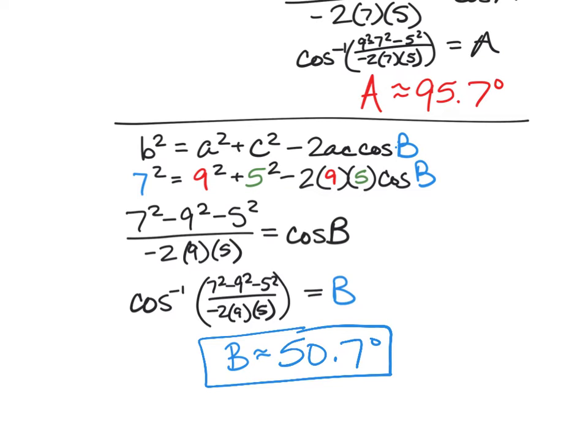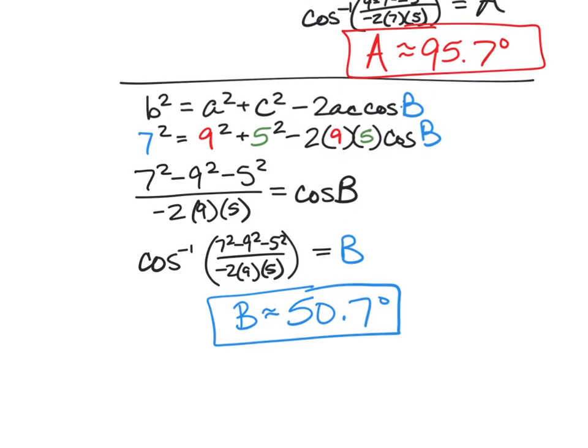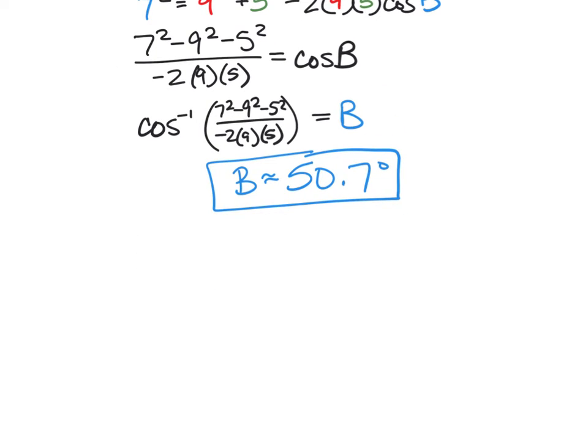Cool. I've got two parts. I've got angle A and I've got angle B. To finish solving this triangle, all I need to do is find angle C. But to do that, all I have to use is a little bit of geometry. Remember that all triangles have to add up to 180.